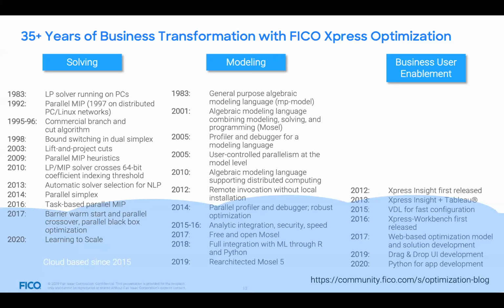And then important technical innovations as well, like our task-based parallel MIP, which allows you to have deterministic behavior and equal behavior across different size machines of the same type. So no matter if you're running on 2 or 4 or 8 cores, you can set controls to run exactly the same search path, as well as across different operating systems if they're based on the same CPU architecture.